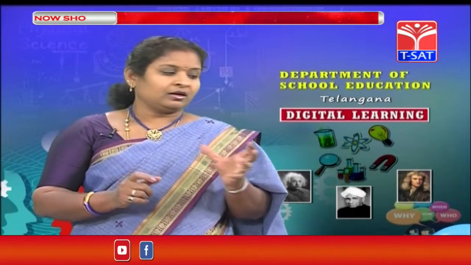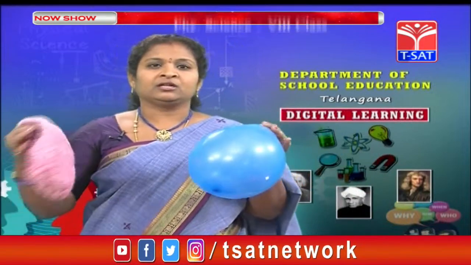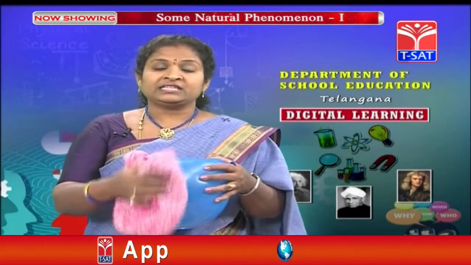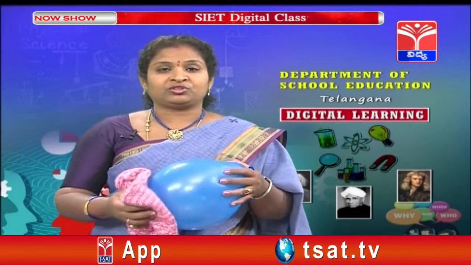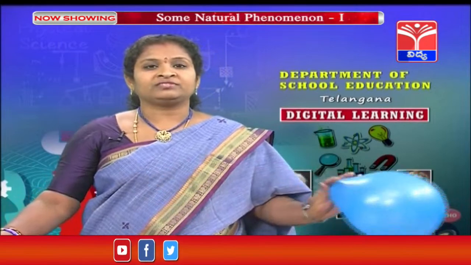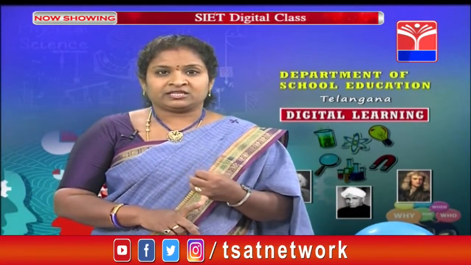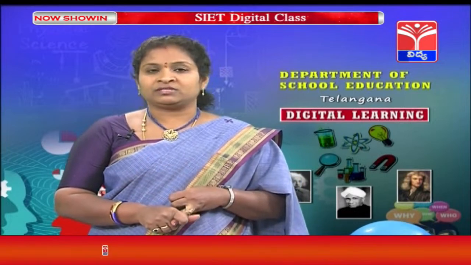So when a balloon or any substance is rubbed with another material, these electrons get transferred from one object to another object. This is called the transfer of charges. So what are the two types of charges? One is negatively charged electrons and the other is positively charged protons.